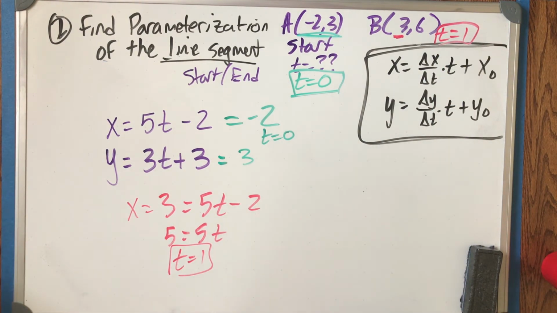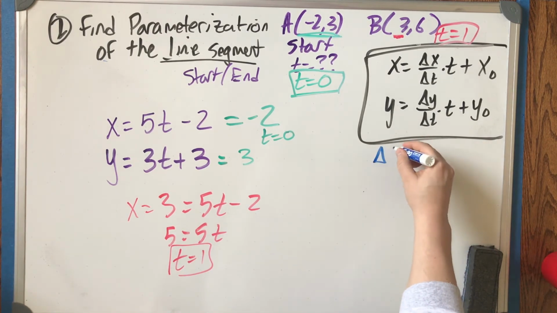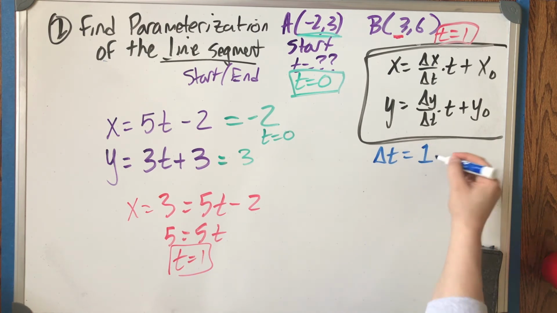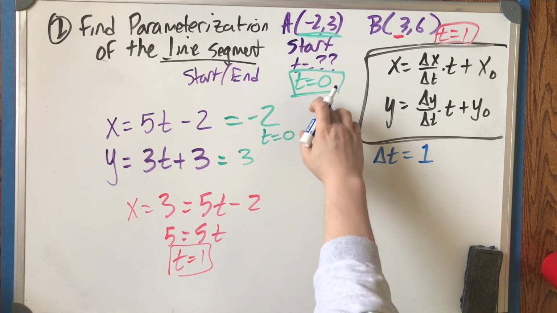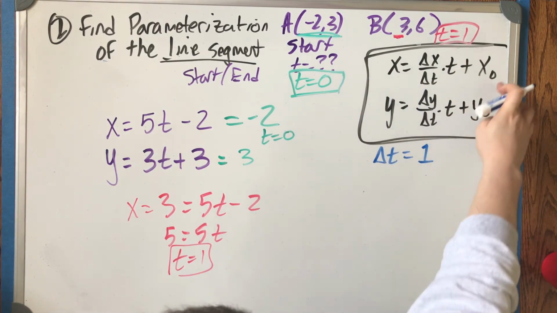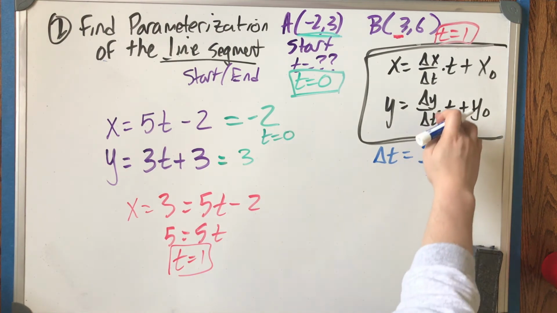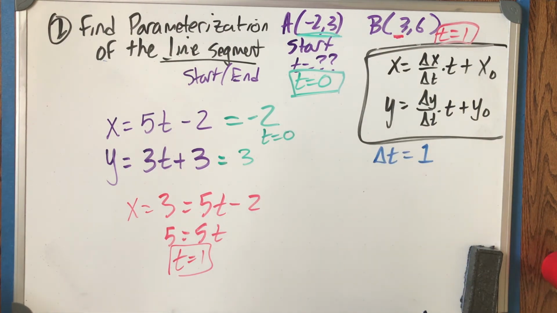And that should make sense to you, actually, because what did we assume delta t was? We assumed delta t was 1 because they didn't tell us otherwise. And the way that this equation models itself is that when t equals 0, we'll be at the start values, and then whatever delta t is, that's going to move us to the end point.